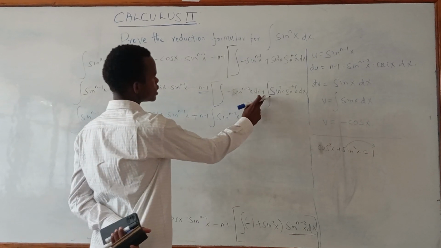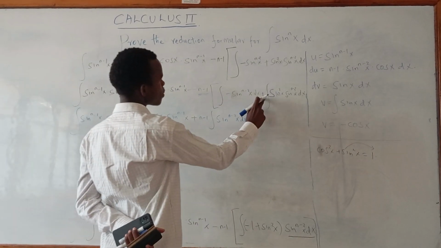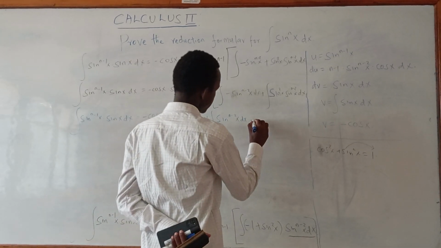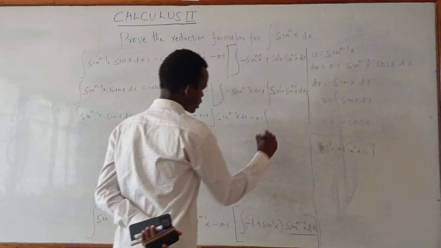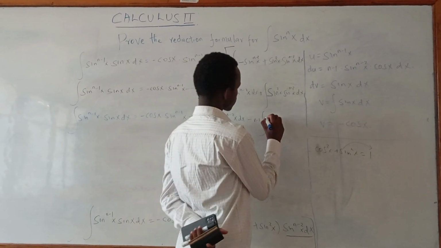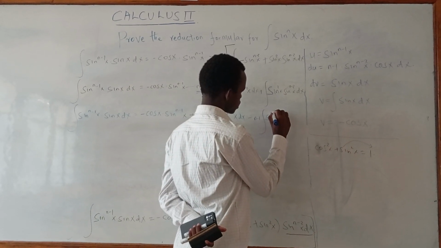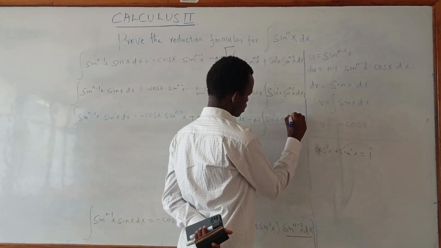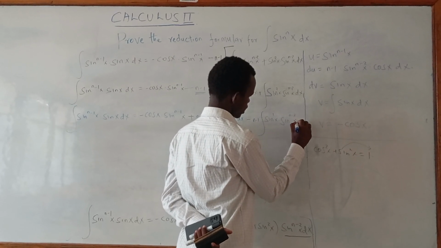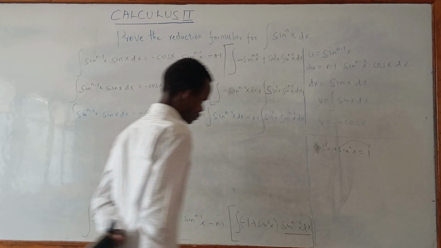This multiplied by this, negative multiplied by positive will be negative: minus (n-1) inside the integral of sin^2(x) multiplied by sin^(n-2)(x) dx.